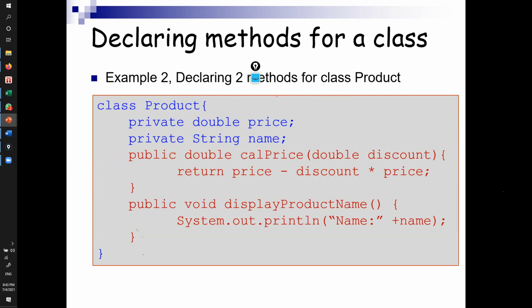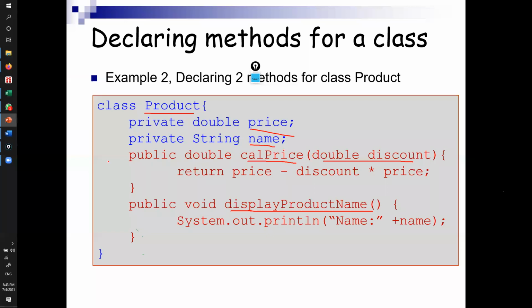Let's look at the method declaration. You have your class, which is a product, with variables price and name. And you have two methods. One method is to calculate the price, and you give it one parameter, which is discount. Another method just displays the product name.